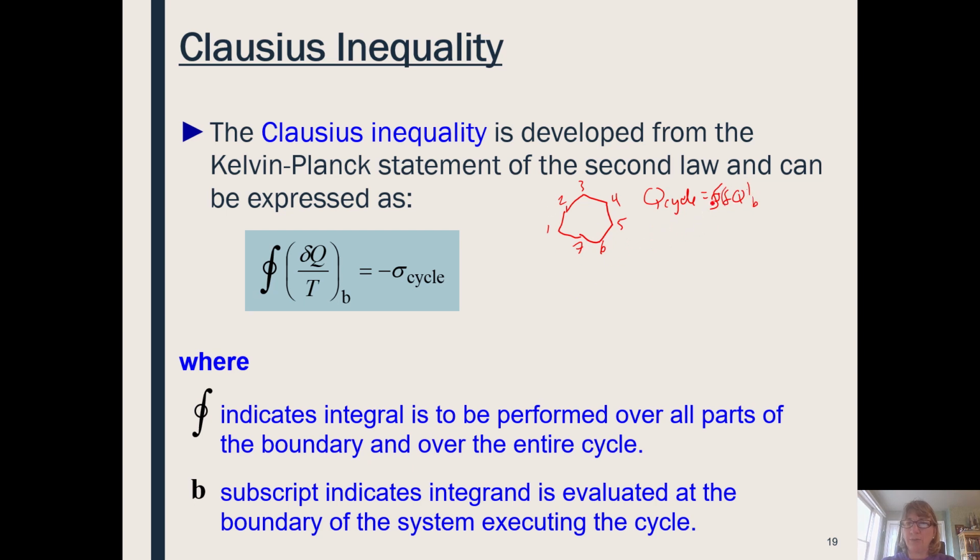And so basically with this cyclic integration, we're looking at the integration from 1 to 2, with Q 1 to 2, right? Plus 2 to 3, plus all the way around till we get to going from 7 back to 1.